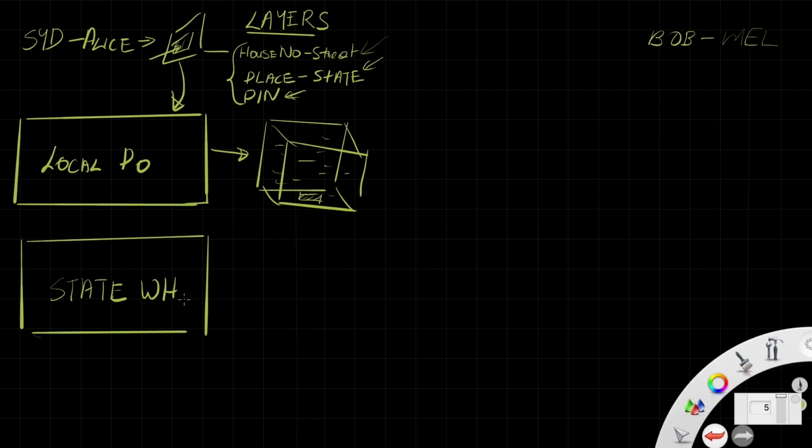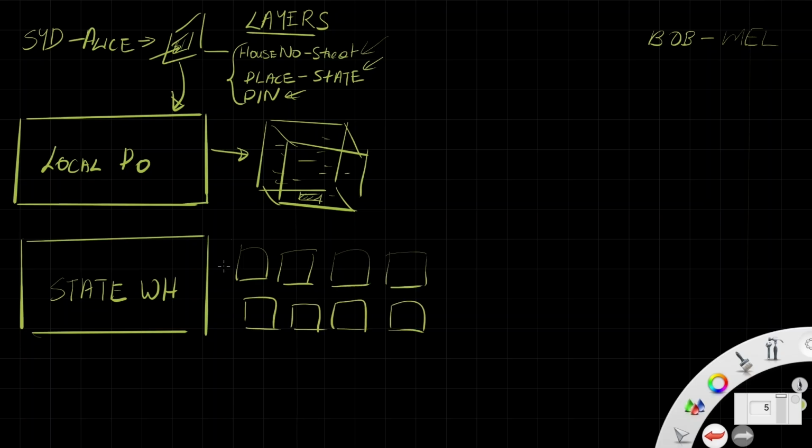I'm just making this up, but something of this sort will be happening in reality as well. And this warehouse must be getting so many boxes like this from different post offices. So they will segregate these boxes based on the targets where they should go, and do all kinds of searching, sorting and rearranging, and they will come up with an arrangement and put all the boxes in a truck.